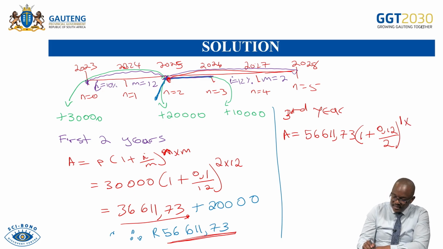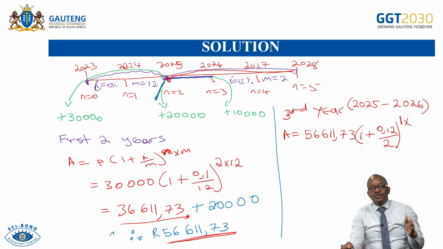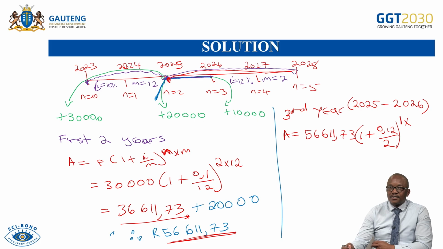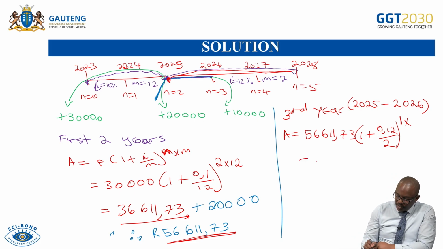Remember, this year is 2025 to 2026, because from 2025 we deposited 20,000, and in 2026 February we are depositing 10,000. So now if you punch that in a calculator, what are we going to get?